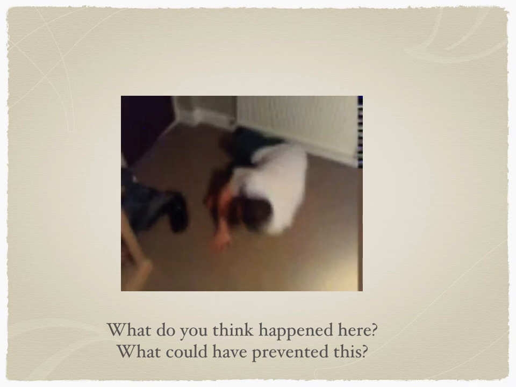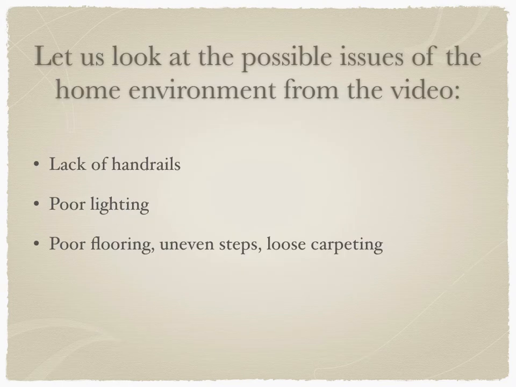By looking at the environment of this home, we could possibly cite some factors that contributed to this patient falling, such as lack of handrails, poor lighting, perhaps poor flooring, uneven steps, or maybe loose carpeting.